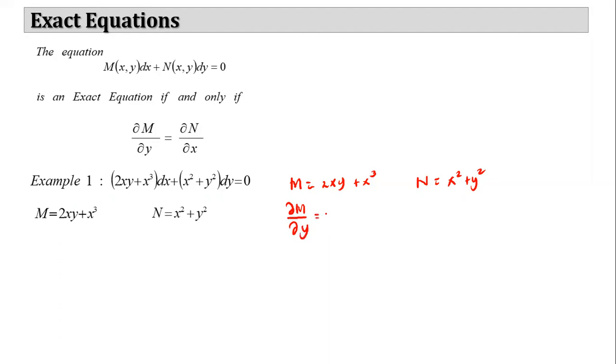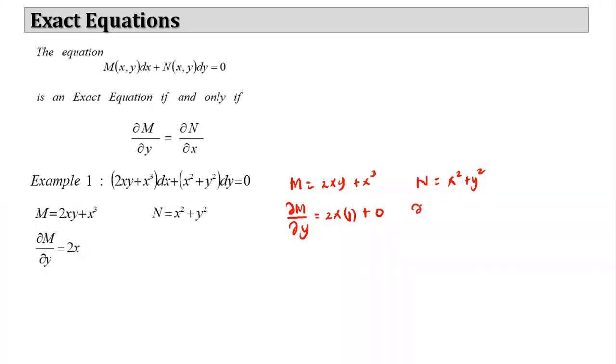When you're differentiating a function with respect to y, you hold the other variable constant. So when you differentiate 2xy with respect to y, you just copy 2x and differentiate y, and that is 1, plus, since x^3 does not contain any y, its derivative is 0. Meaning the partial derivative of M with respect to y is equal to 2x.